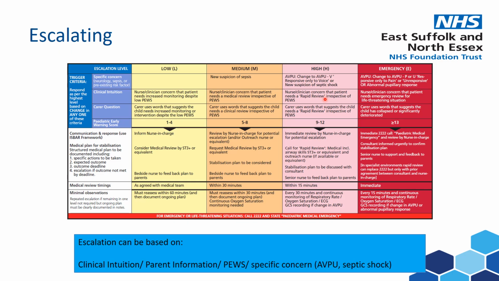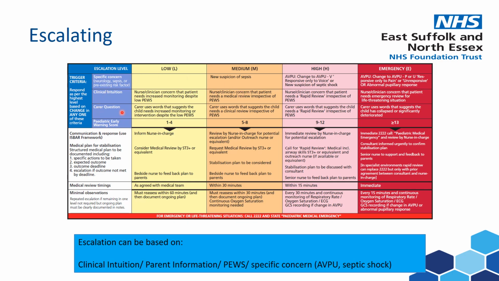Is that how you're feeling? In which case, put them into the high level. Is it that you're concerned that the patient needs emergency review for a life-threatening situation? Then put them into the emergency level of escalation. However, if you think, yes, I am concerned, but I just think they need to see the ACP, then we would put them into the patient needs a medical review irrespective of PEWS. That's a medium level of concern.